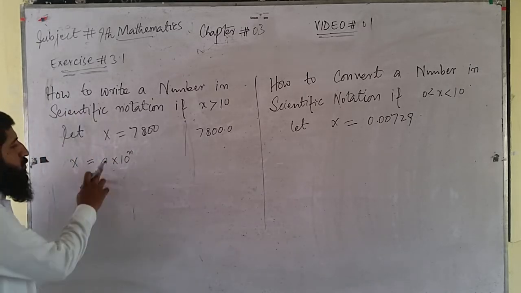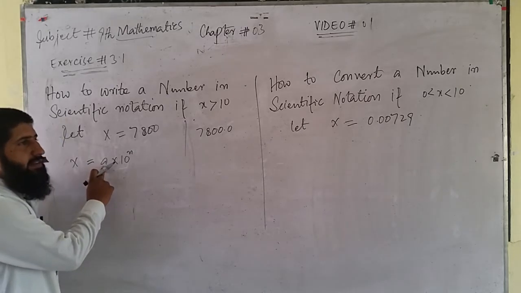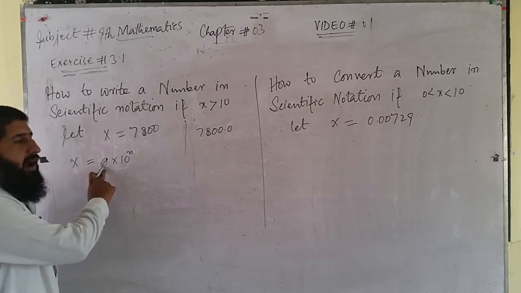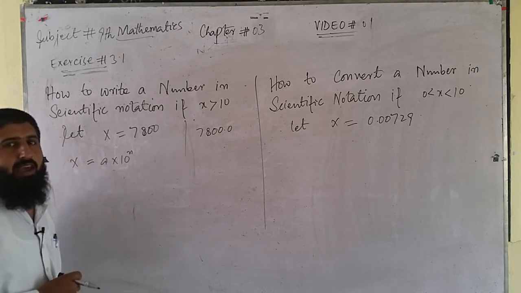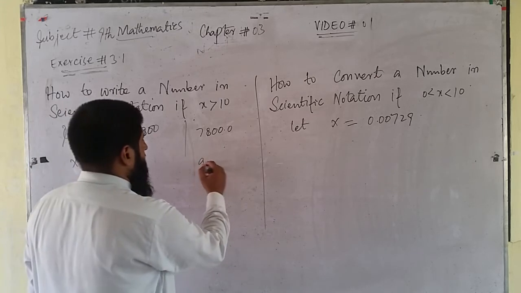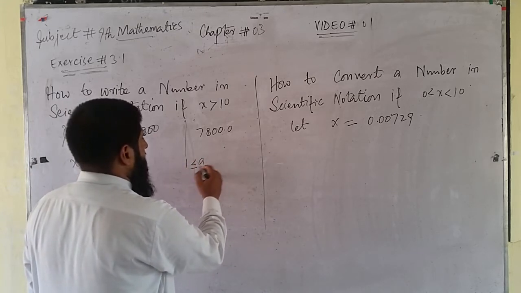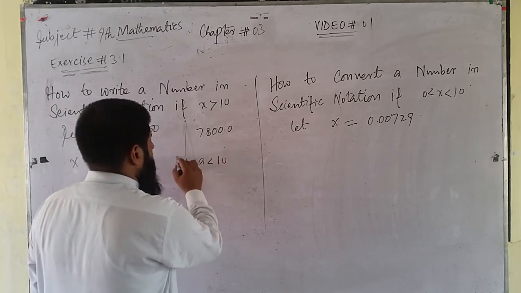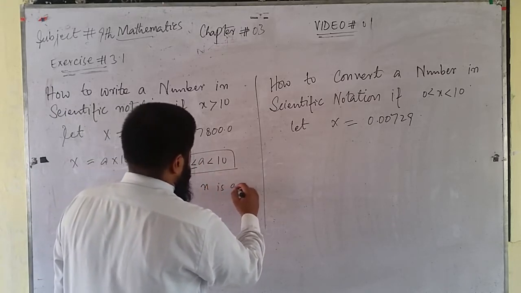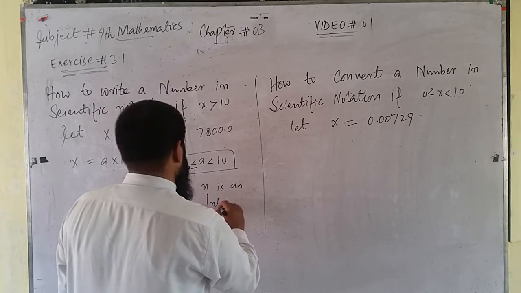Here, what is A? A is greater than or equal to 1 but less than 10. And n is an integer.